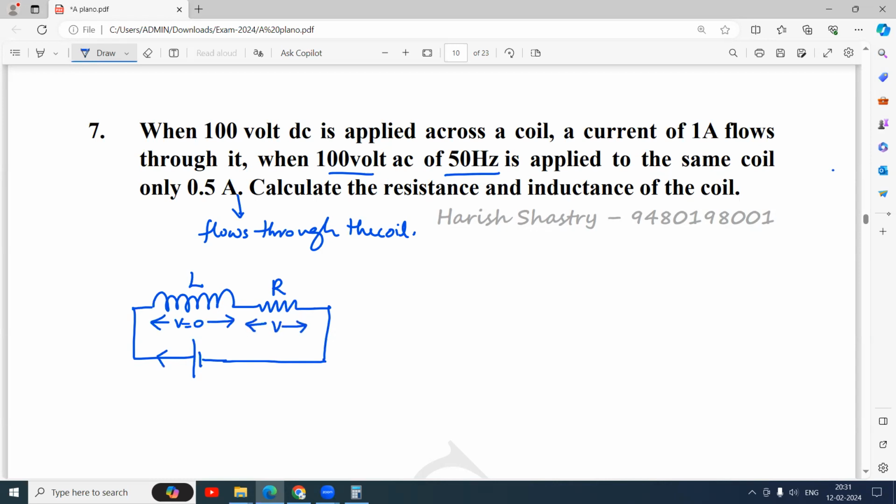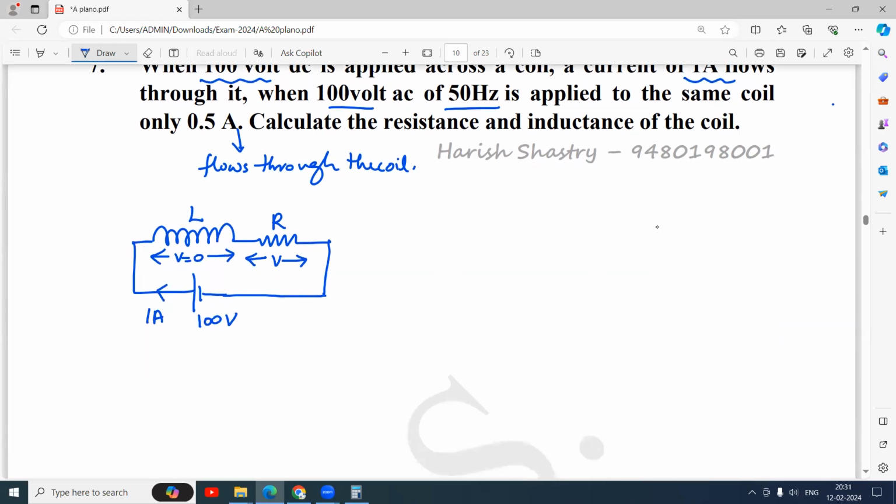When 100 volt DC is applied, a current of 1 ampere flows through the coil. That current is only because of the resistance effect, because there is no inductive effect with DC. Ohm's law is enough, since there is no change in flux and no induced EMF.